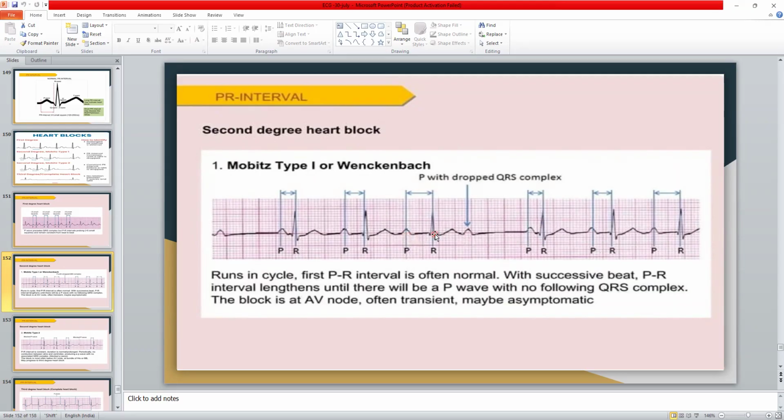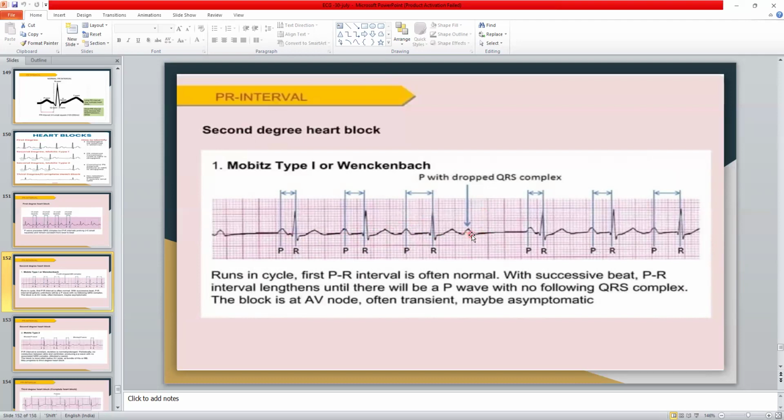First, the PR interval will be normal. With the successive beat, this PR interval lengthens. See, from here to here it has increased. Again, from here to here it has increased, until there will be a P wave with no following QRS complex.